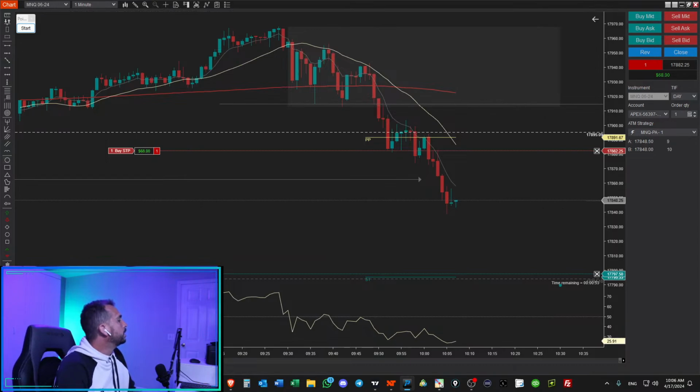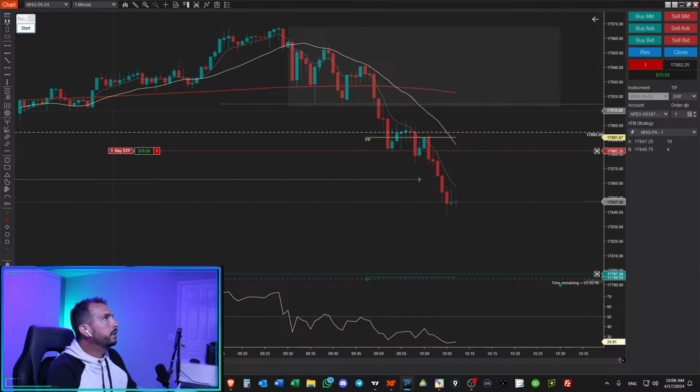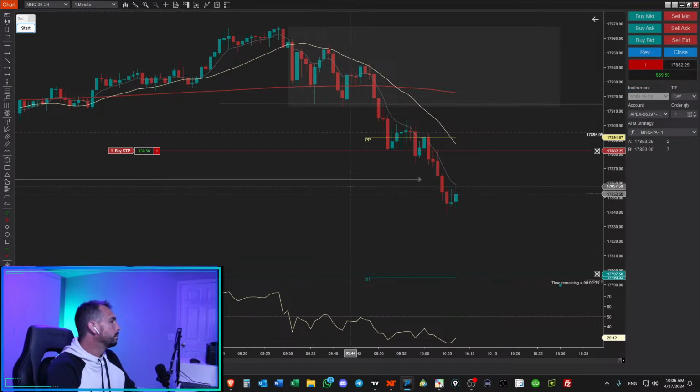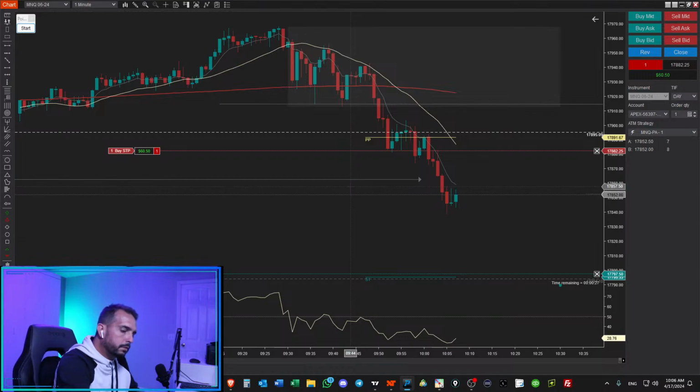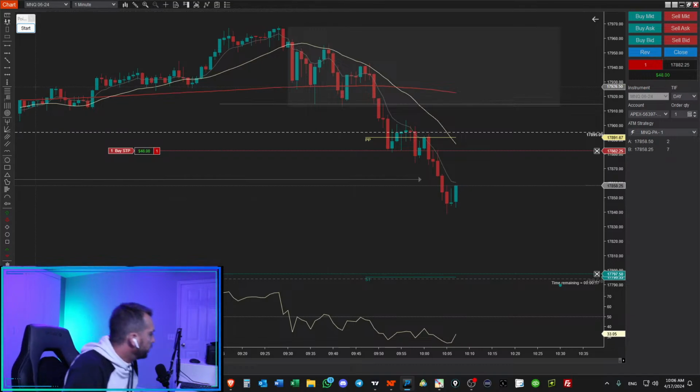Close the gap on mini index. NASDAQ is way down. $350 so far if we kill it here. Looking good, and looking calm.